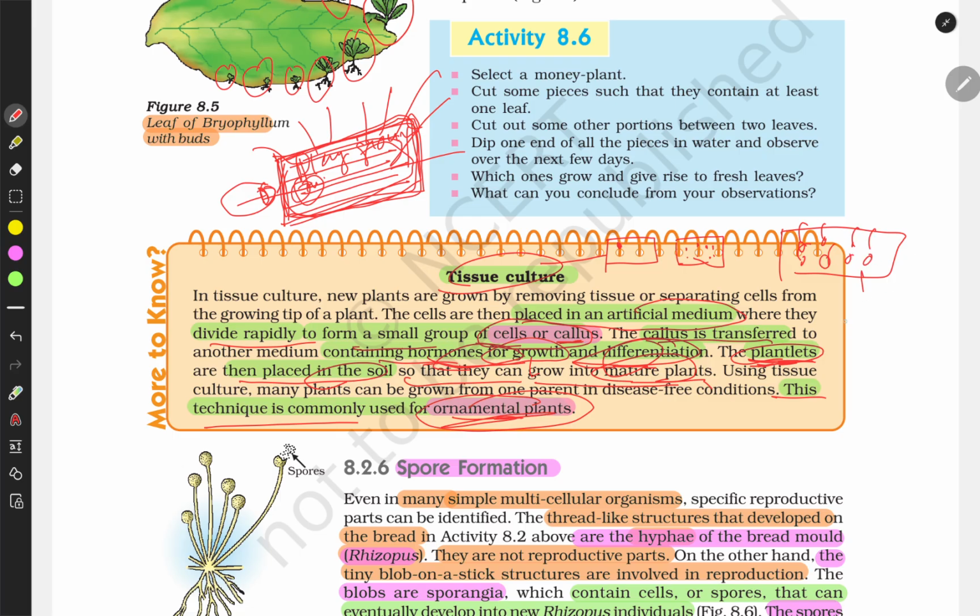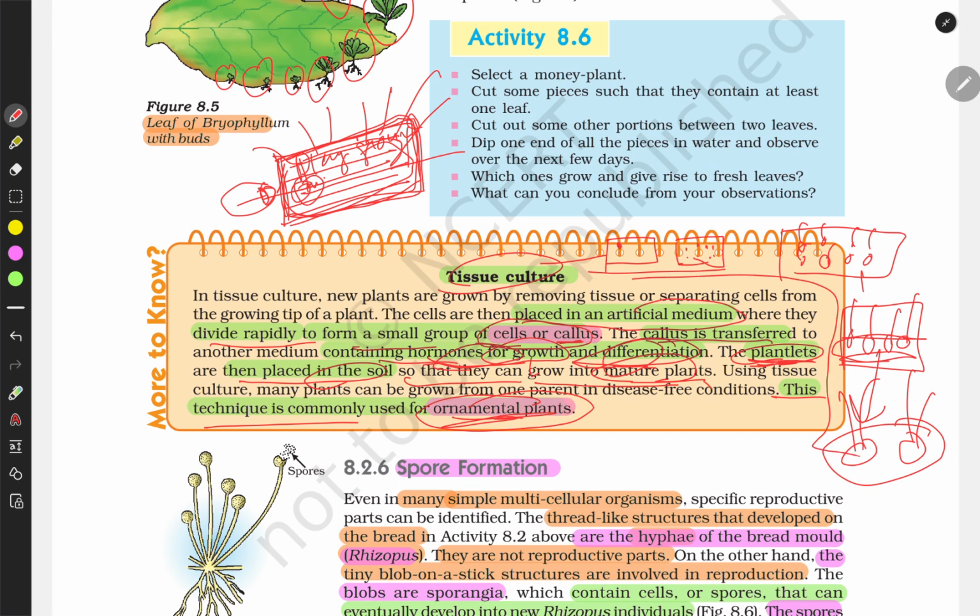They will again be placed into a different medium where they can grow into plantlets, and these plantlets can be put into soil, and after that, the plant can grow fully. This is how we are artificially growing plants in a laboratory.